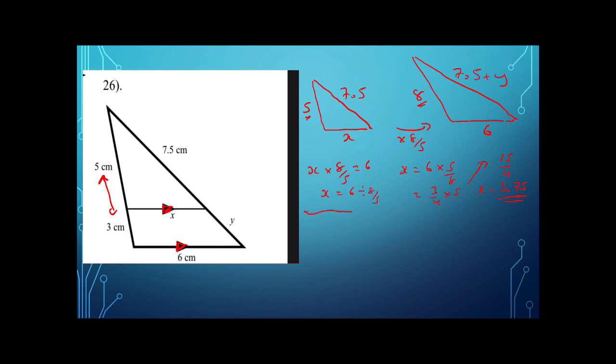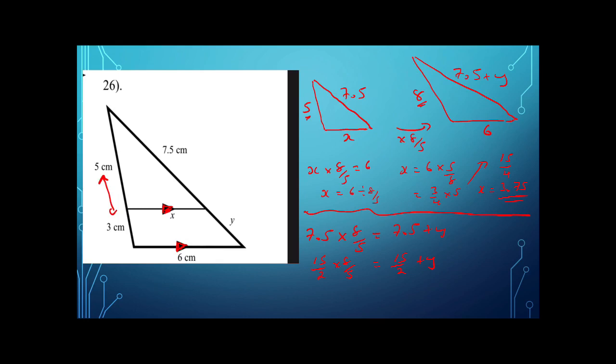Okay, so this next part involves a little bit of algebraic manipulation. It's up to you really how you do this. Just be careful, I guess. So it's 7.5 times 8/5, and that equals 7.5 plus y. I'm actually going to manipulate this left hand side first. So 7.5 is 15/2 times 8/5 equals, and I'm going to write 7.5 again as 15/2 plus y.